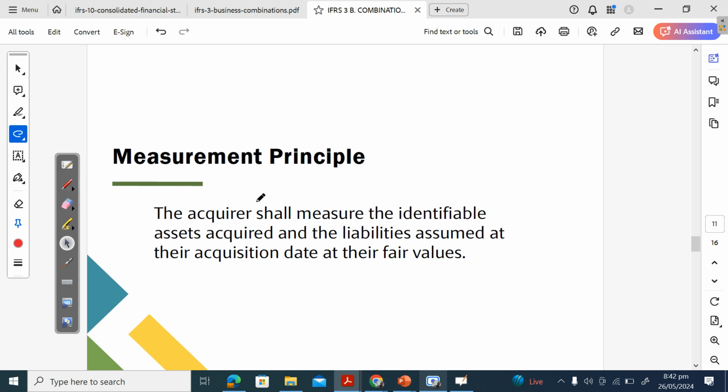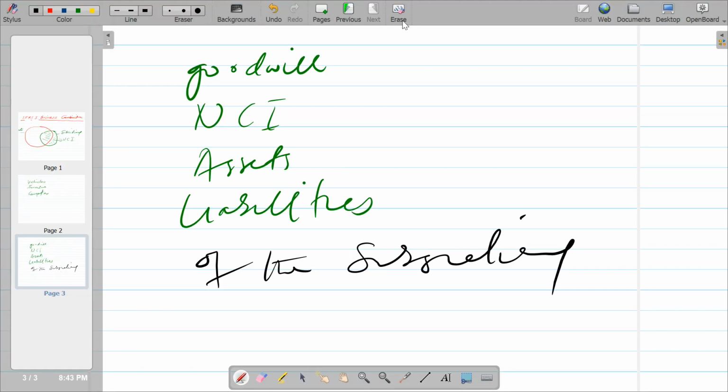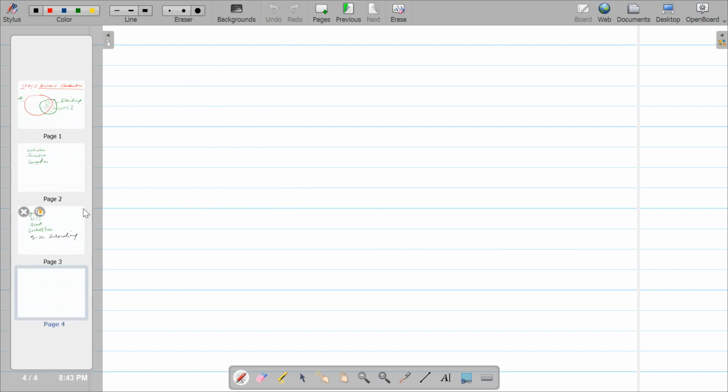Let's look at the measurements of the assets and the liabilities. Like I explained earlier, all the assets and liabilities have to be measured at their fair values. So what is the fair value? Basically, fair value is the market price of the assets.